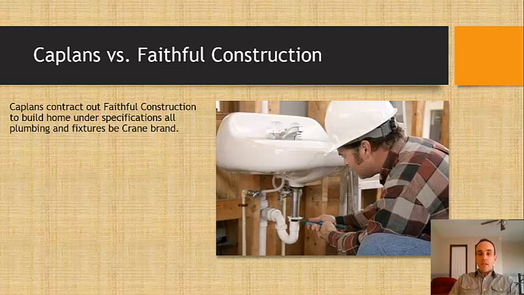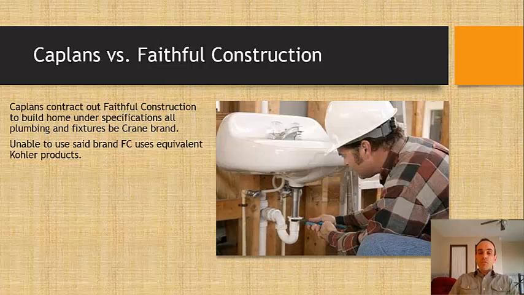Basically, as I'm sure most of you already read, the Kaplans contracted Faithful Construction to build their home under the specifications that all plumbing and fixtures be the Crane brand. The Kaplans went away from the home for a period of time, leaving Faithful Construction in charge of said operations.